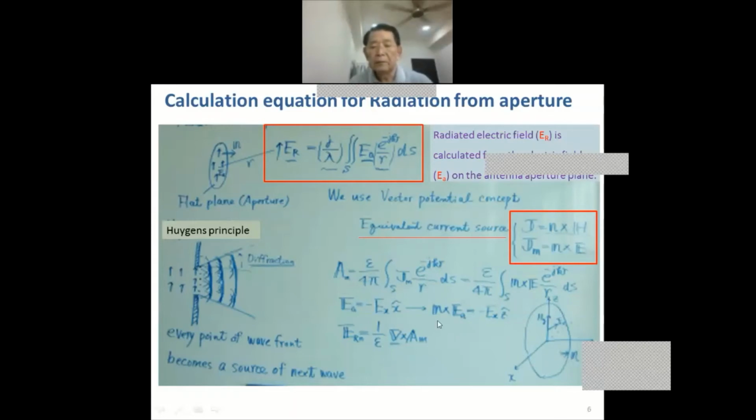Here, N multiplied by E becomes minus EX, that is in front of the aperture. From the magnetic current source, the ER is expressed by this rotation. This is the concept of calculating radiation field from the vector potential.